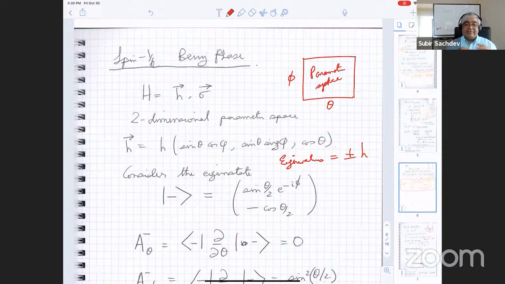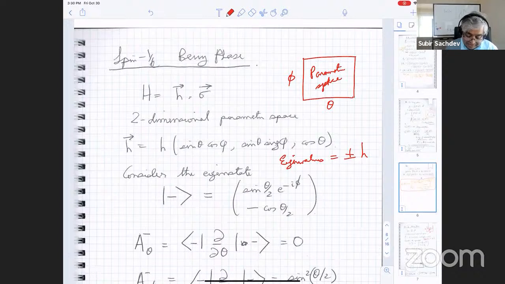As we'll see, our parameter space is a sphere, and the Berry curvature is just like the magnetic field of a monopole at the center of the sphere. The Berry curvature should be spherically symmetric, because it's gauge invariant.